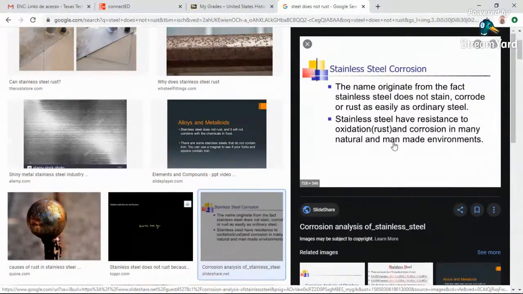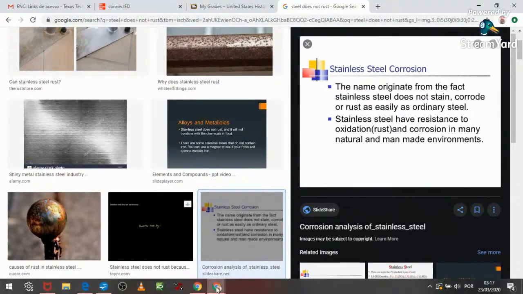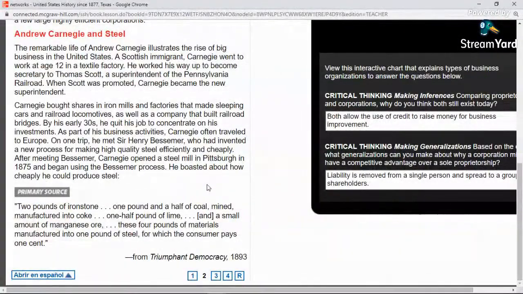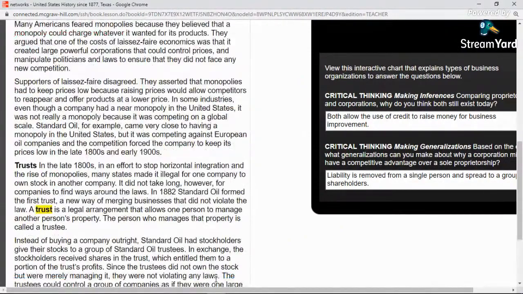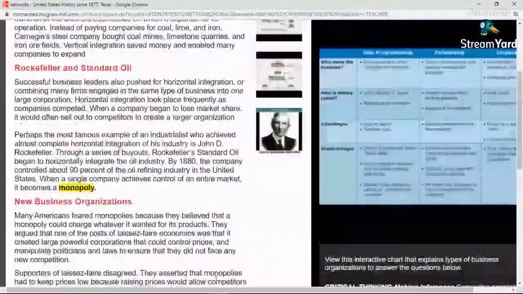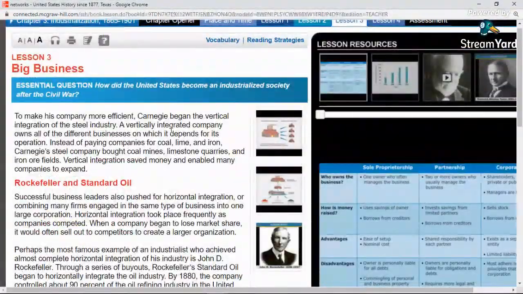Stainless steel has resistance to oxidation and corrosion in many natural and man-made environments. Okay, so this is revolutionary. And Carnegie becomes a very rich man.